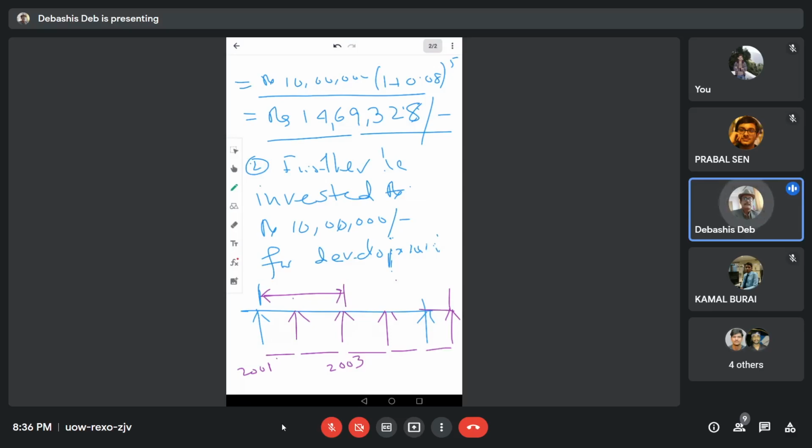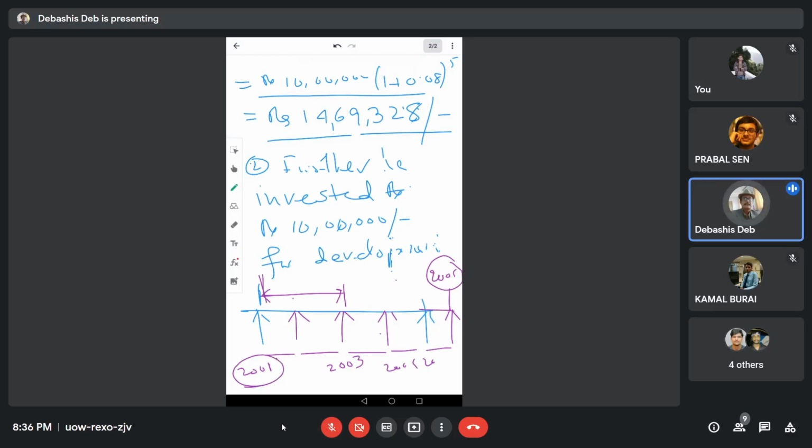2001 he purchased, and 2004, 5, and it is 2006. In 2006 he decided to sell. Now, what is the blocking period for this 10 lakh? It is not like that he invested during 2001.